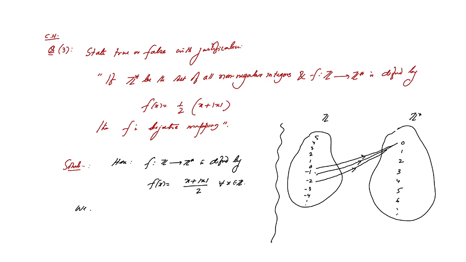So we see that f of 0 is 0 plus mod 0 by 2, which is 0. And f of minus 1 is minus 1 plus mod of minus 1 by 2, again 0. Therefore f of 0 equals f of minus 1, but 0 is not equal to minus 1.